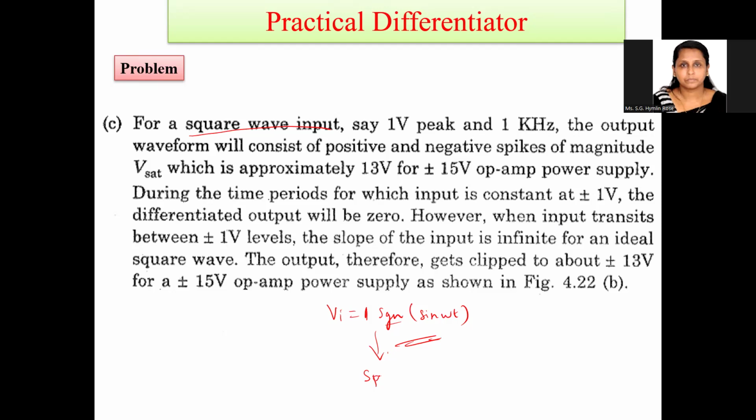You will get spikes, that is impulse signals, as the output, at a constant input of plus or minus 1 volt. Since the Dirac delta function is plus or minus, you will get positive and negative spikes.